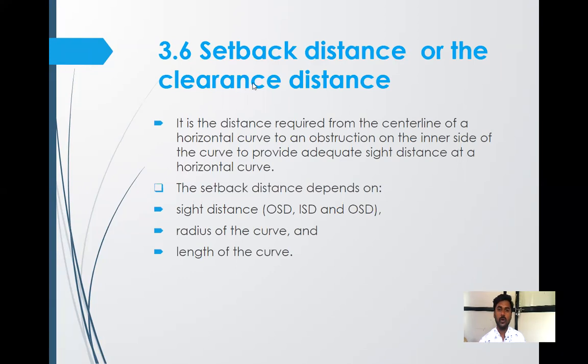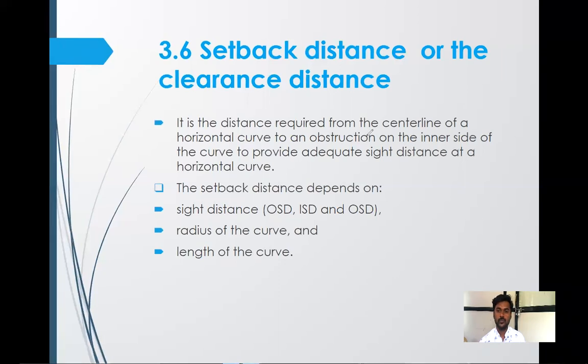What this indicates, suppose, see here, this is our horizontal curve and we are traveling our vehicle from here. So we see the obstruction at this point.